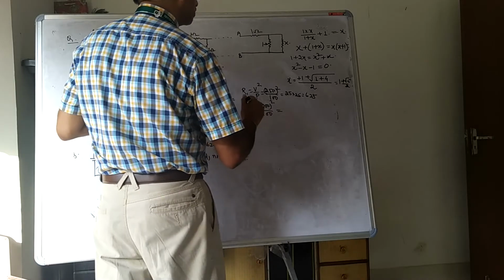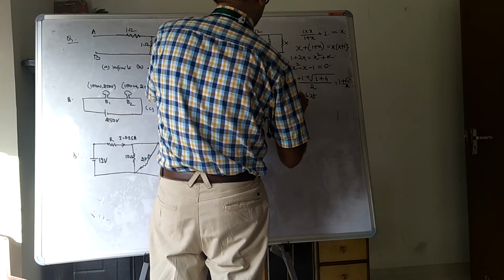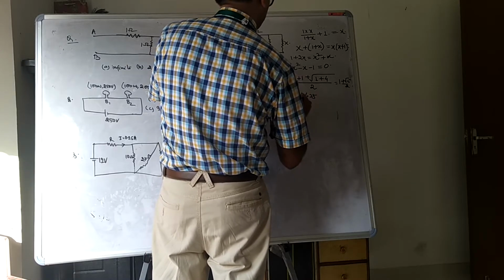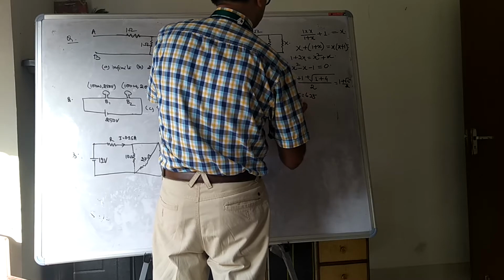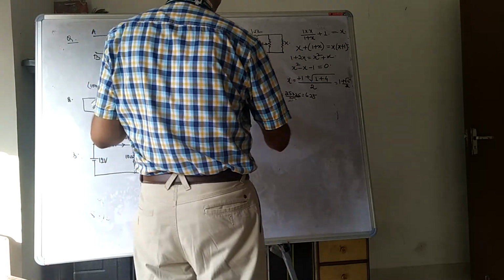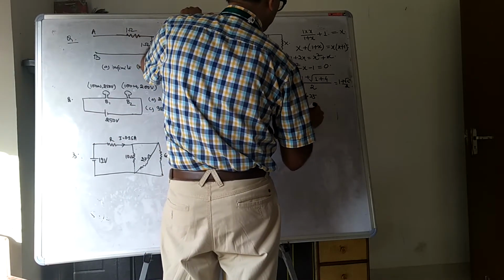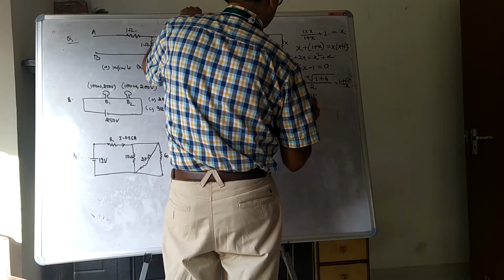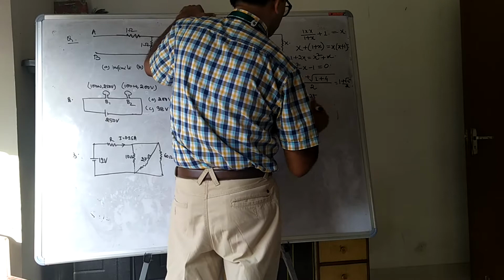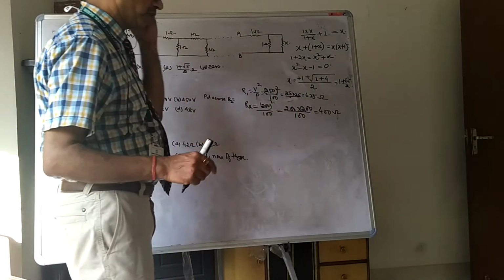So 200 into 200 divided by 100, which will be 400. So this is 625 ohm and 400 ohm.